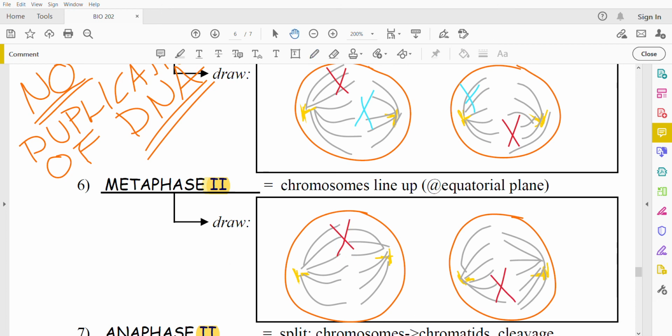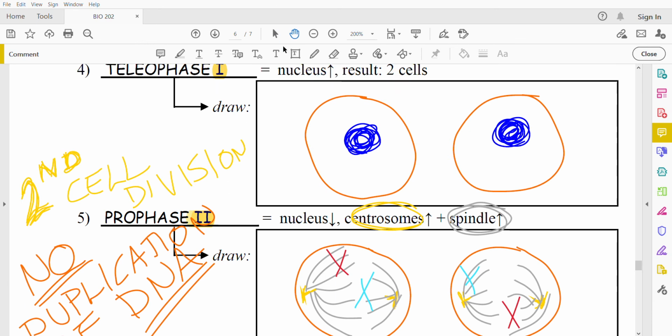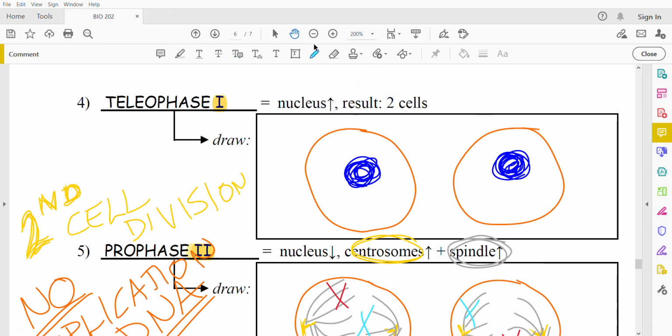So now, during the metaphase 2, the chromosomes line up on an equatorial plane. Here we go. I'm just going to circle the nucleus here because I feel that I didn't do that and that bothers me. So you remember that this was the nucleus.